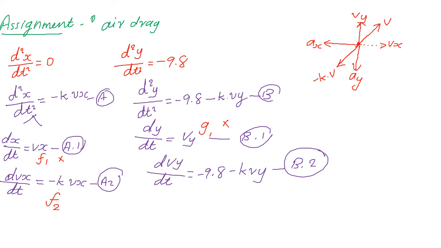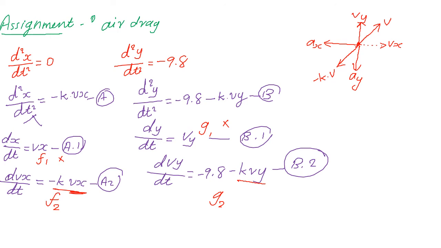Before it was 0, so you have to add this as f2, and so it has changed, and g2 also has changed. Before there was only minus 9.8, now there is an additional term minus k vy. So with this modification, simulation of projectile motion by considering air drag is possible.